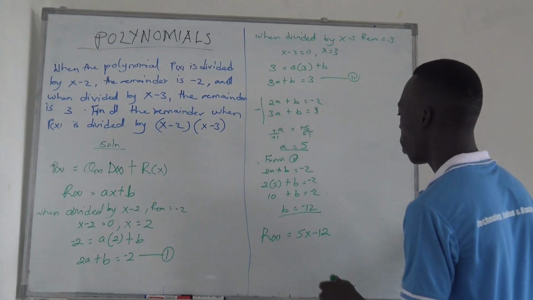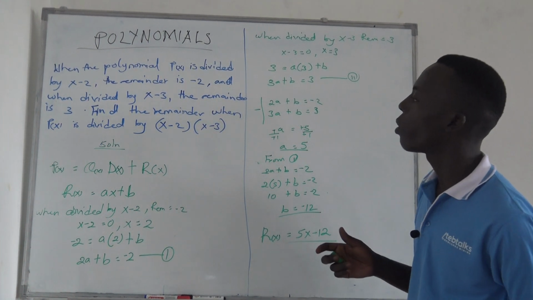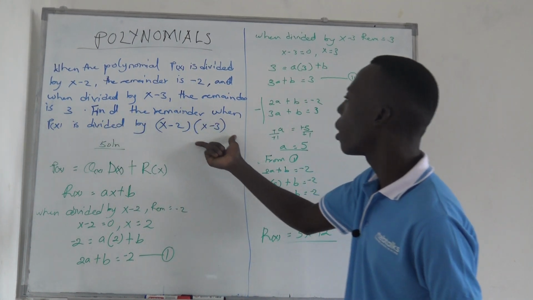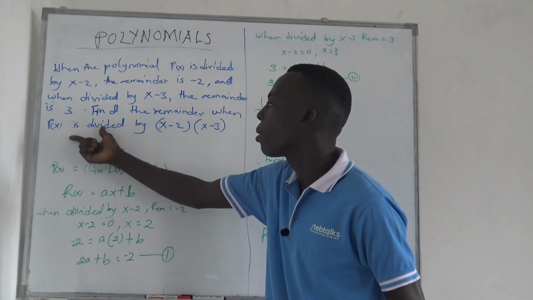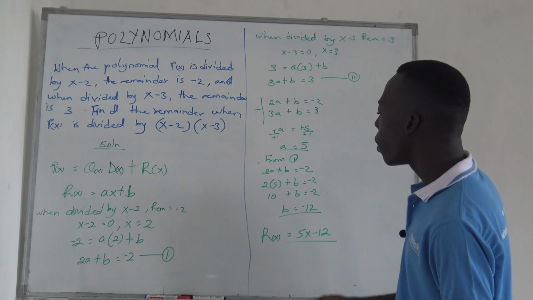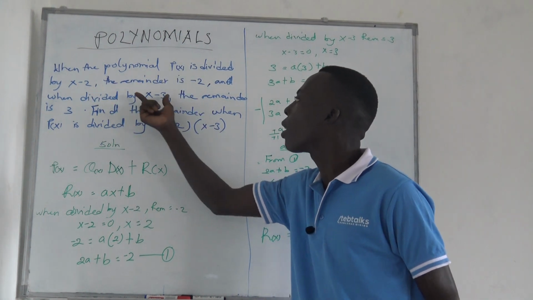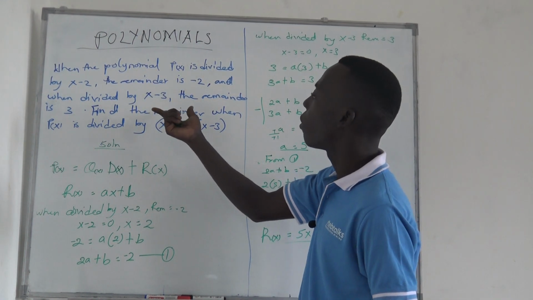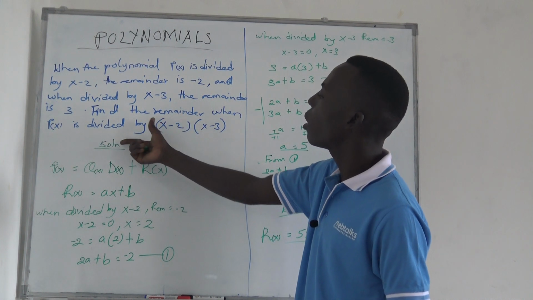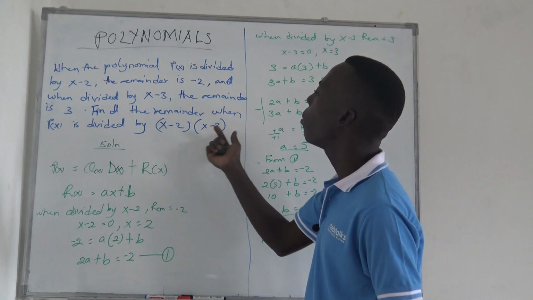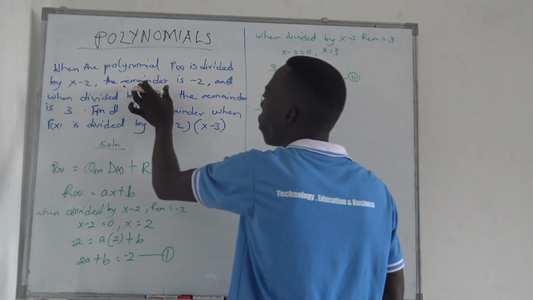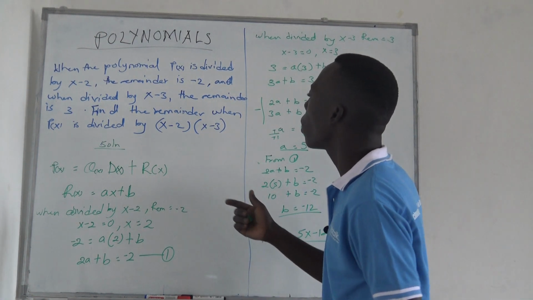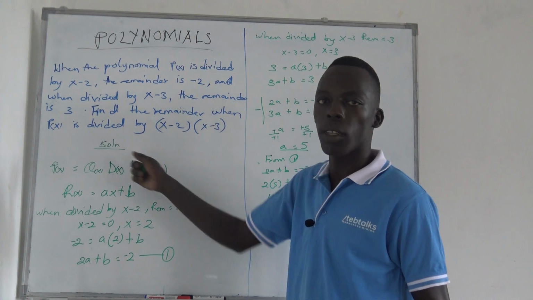So that one is the answer of the remainder which we get, because here they say find the remainder when p of x is divided by this. Since here we have x minus 2 and x minus 3, and all of them are dividing the same function, what we do, since here they have given us that this one times this, that means when you divide this one alone and also this one alone with the other equation, what you get will be the same when divided by the product of these two.